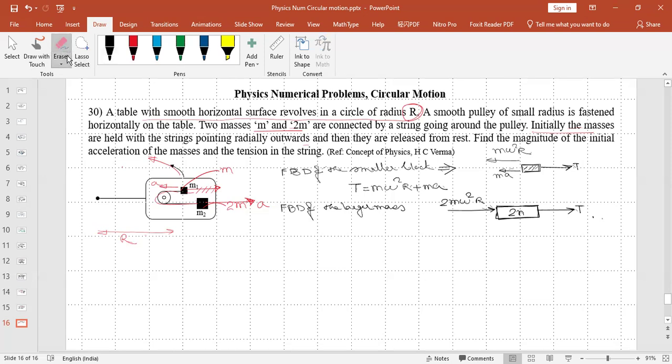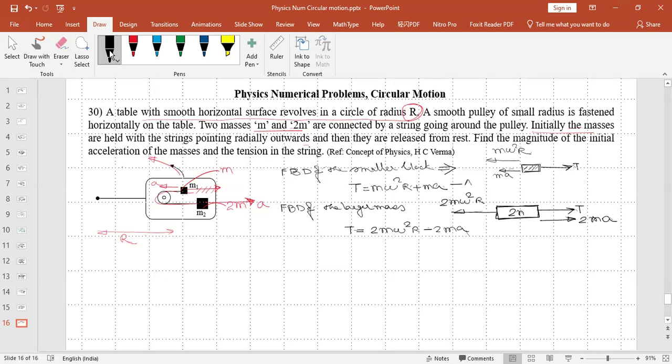Once again, I have made a mistake. The arrow is in the radially inward direction, 2m omega square r. But here the force to create acceleration is in the opposite direction, and that is 2ma. Right? So here the force equation is T is equal to 2m omega square r minus 2ma.